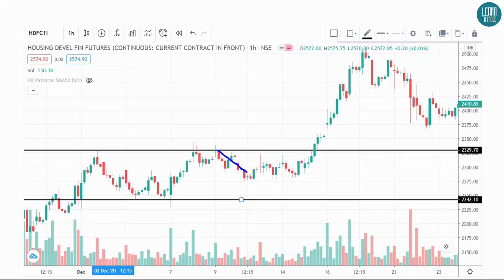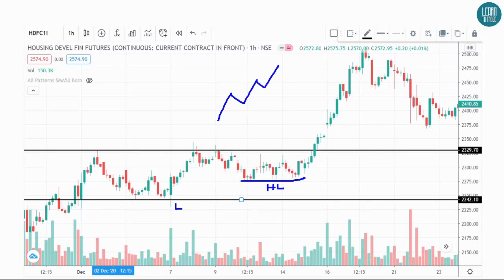When sellers again tried to move towards the downside, this time buyers did not let the sellers come till this lower zone. Buyers started coming in from this point. This is where we need to look: this is the low, and this range is the higher low formation.